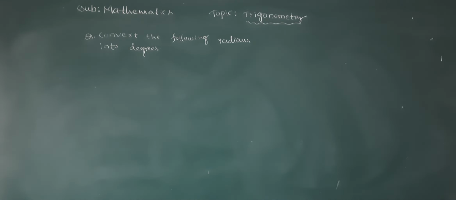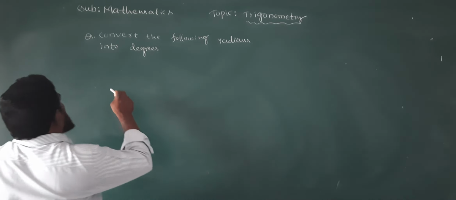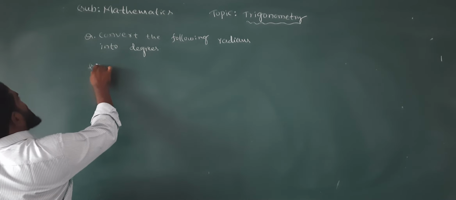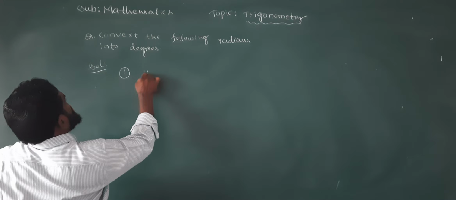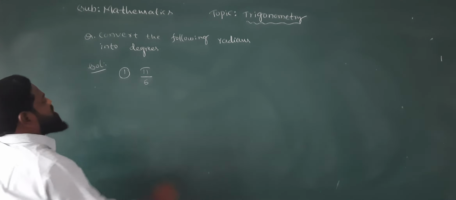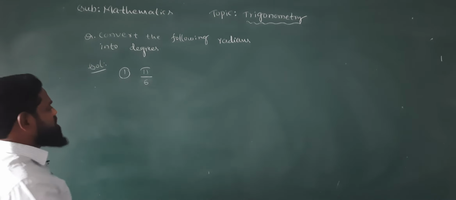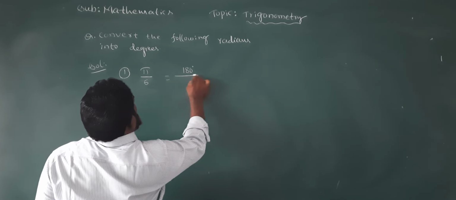Keep 180. Wherever pi is there, we can convert like this into degrees. Suppose first question, pi by 6 radians required in degrees. Do like this. Wherever pi is there, take 180 degrees.